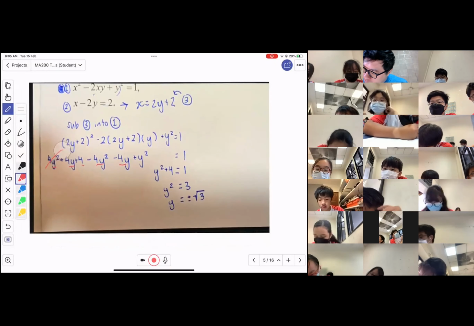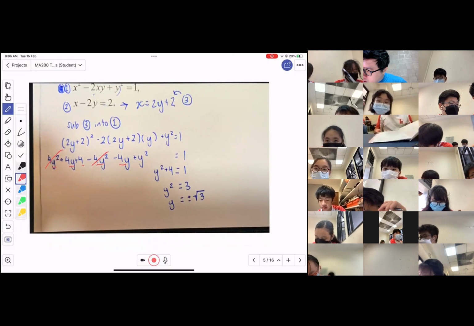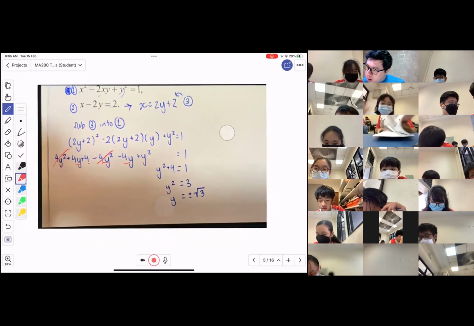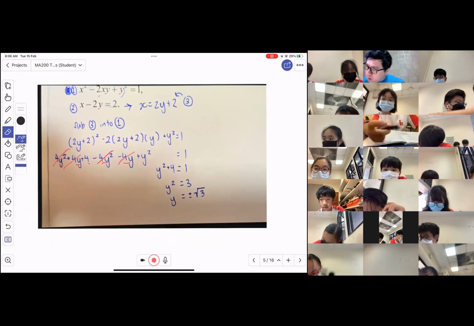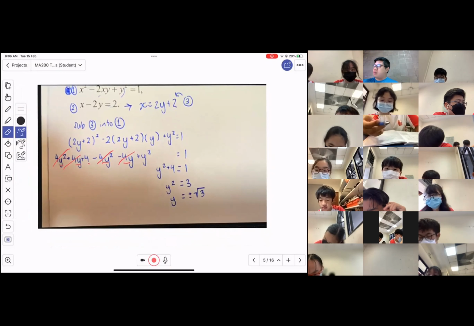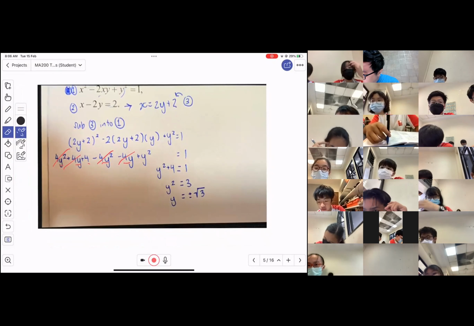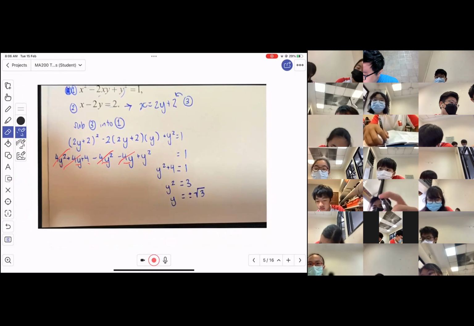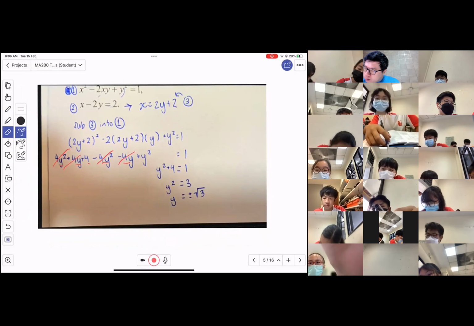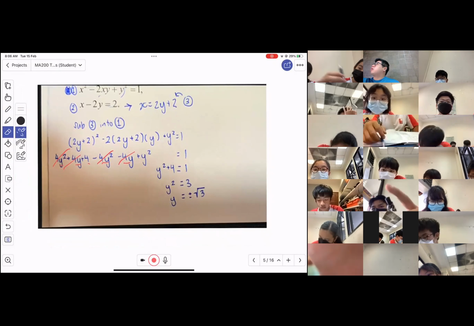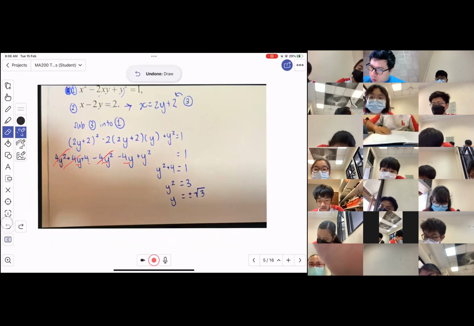Okay, so this and this will cancel off. Y squared plus 4y minus 4 cancel off. Y squared equals to 4y squared plus 4y, 2y squared. Okay, hold up a bit.